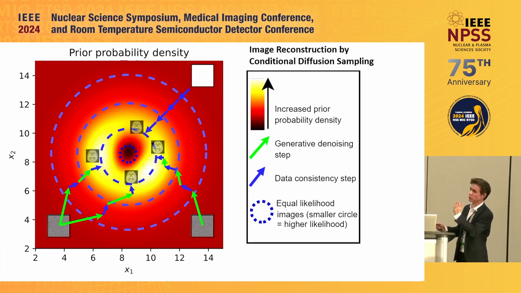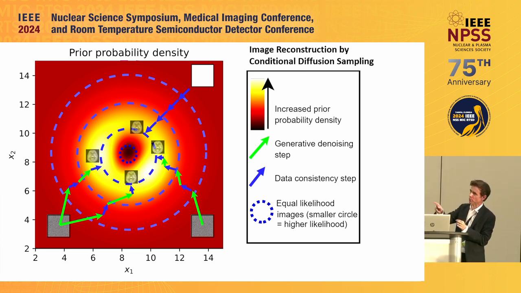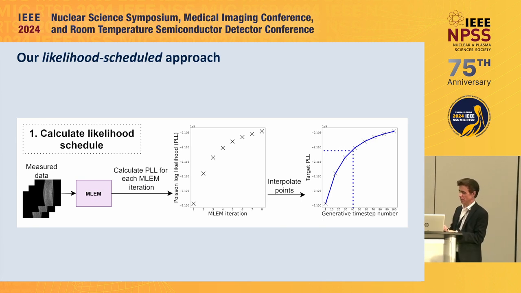That's going to head towards some kind of level of Poisson log likelihood, or rather for a given Poisson log likelihood level shown by those circles, we're then going to sample from the posterior at a fixed Poisson log likelihood. So that's what we have proposed here.